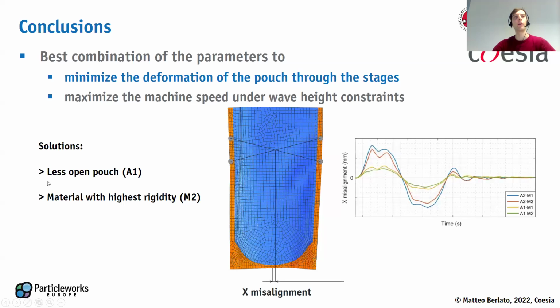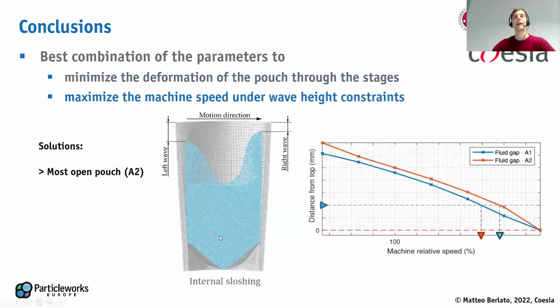Okay, so they prefer to work on, let's say, the initial shape of the pouch, perhaps more than on the material itself. The other aspect I mentioned is that we need to minimize the sloshing and guarantee that in the upper region here, we don't have any contamination.